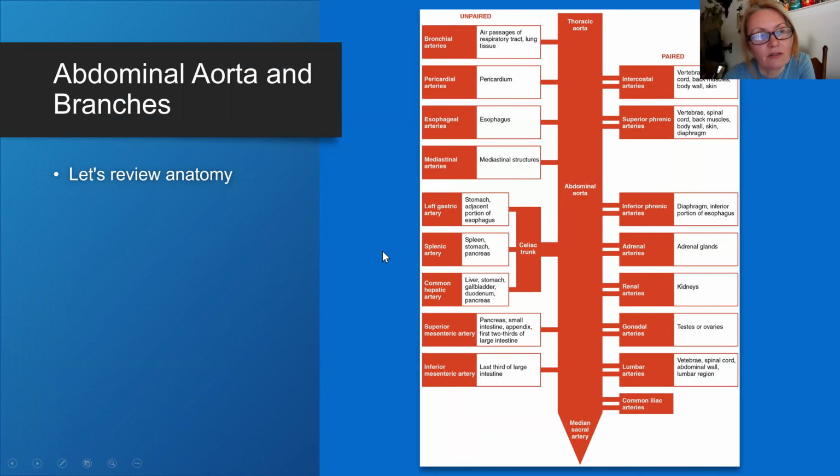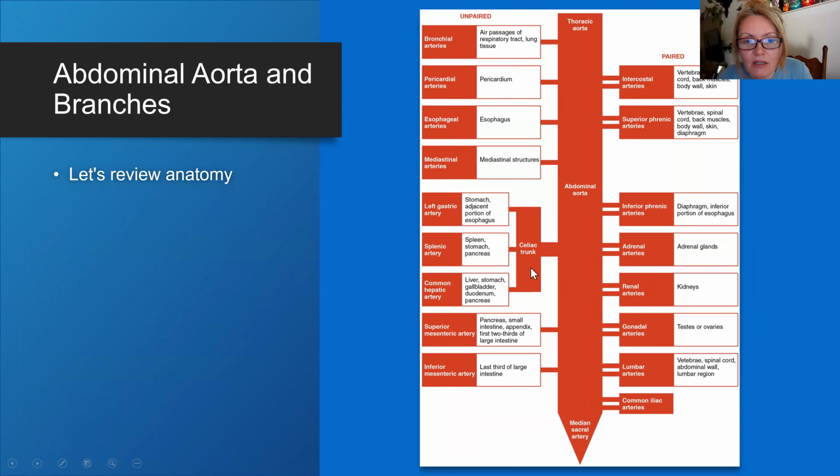Over here you have a summary of this blood flow from thoracic aorta to abdominal, right? It shows here split into 2 common iliac arteries, but it also has this artery, the median sacral artery. But here are the ones that we covered over here.